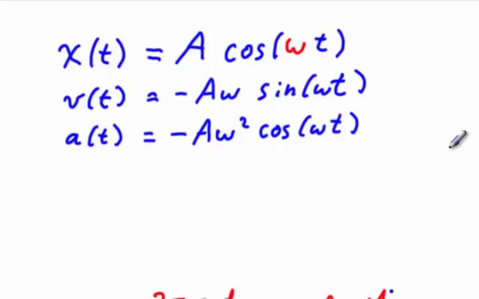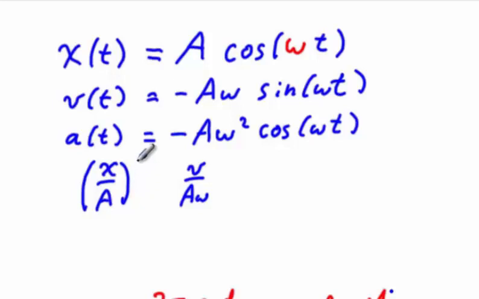However, what we recognize very cleverly is that x divided by its maximum value, which is the amplitude a, is cosine. v divided by its maximum value, which is a times omega, is sine. And a favorite trigonometric identity is that cosine squared plus sine squared is equal to 1. That means this relationship will give us position at any velocity.